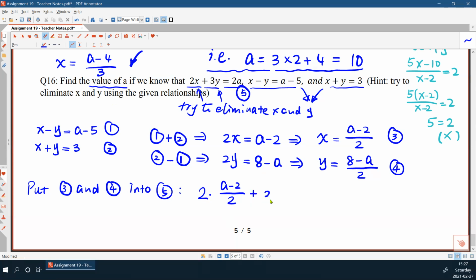Plus 3 times y, and y is 8 minus a over 2, equals 2a. So now we have an equation that only a is involved. So this means we can solve this equation to get the a, right?